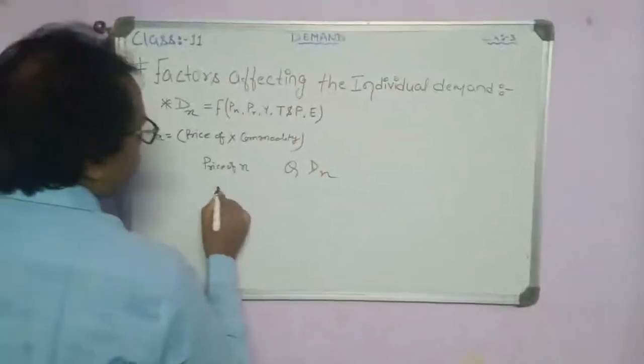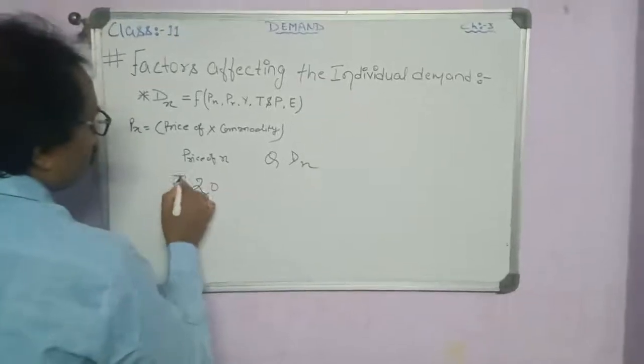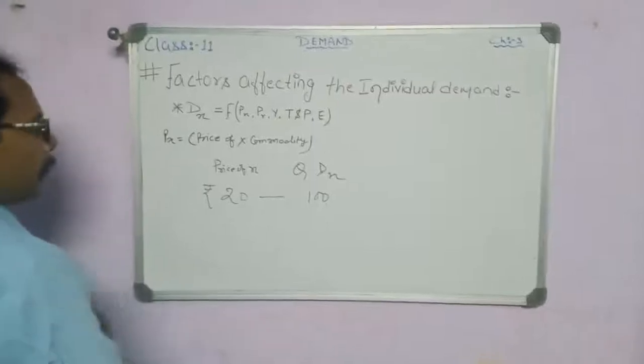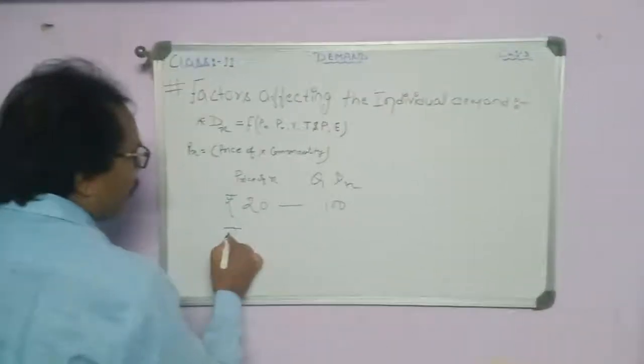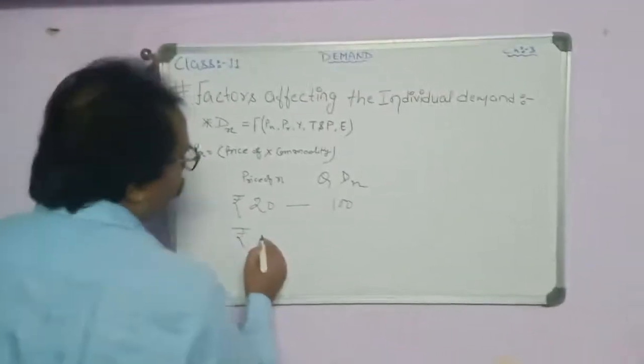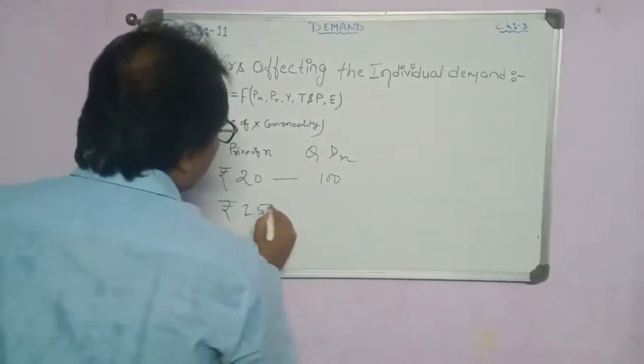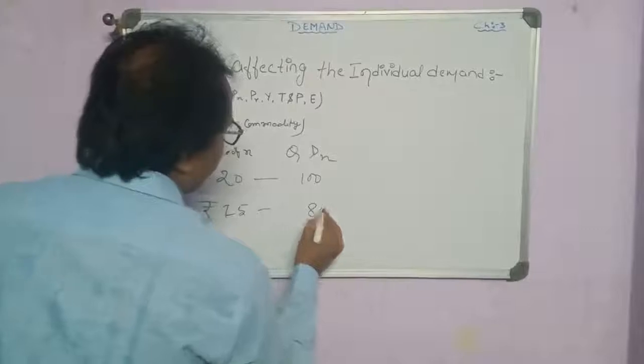If the price is, suppose, rupees 20, the demand is 100 units. And when its price rises from 20 to 25, its demand is, suppose, 80.